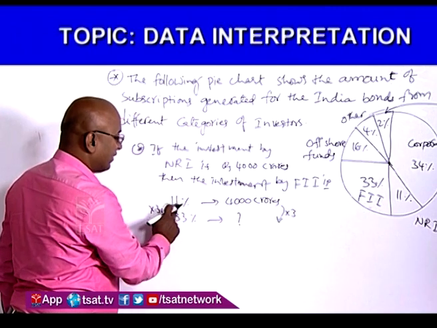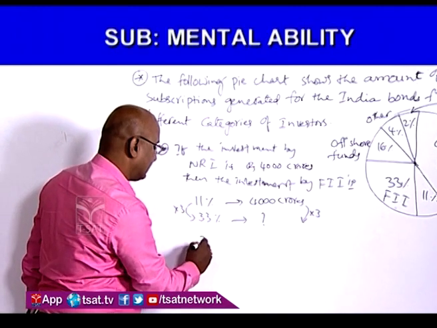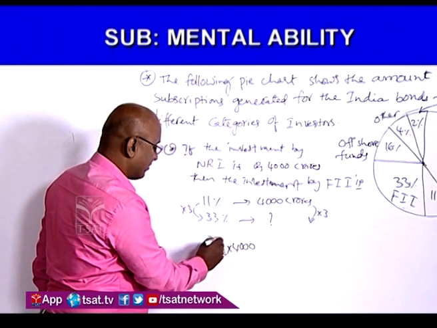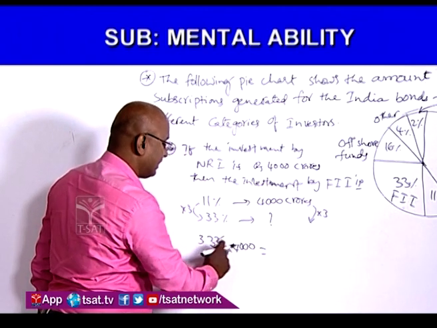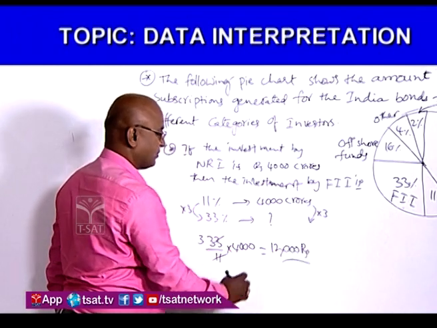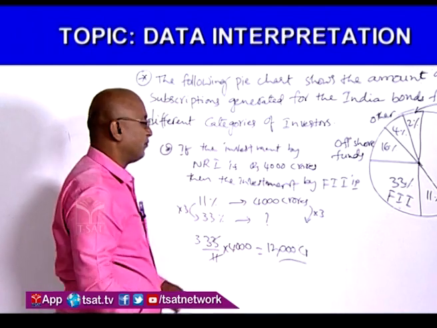Or otherwise, 33 by 11 into 4,000. 11 ones are 11, 11 threes are 33, and 3 into 4,000 is equal to 12,000 crores rupees. So 12,000 crores rupees is the answer.